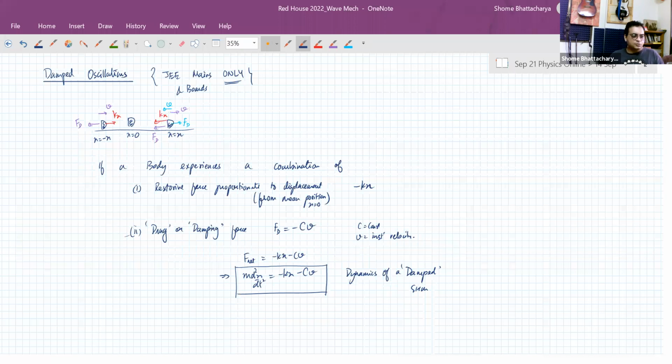It is called a damped harmonic oscillator actually. This is the equation of a damped harmonic oscillator.